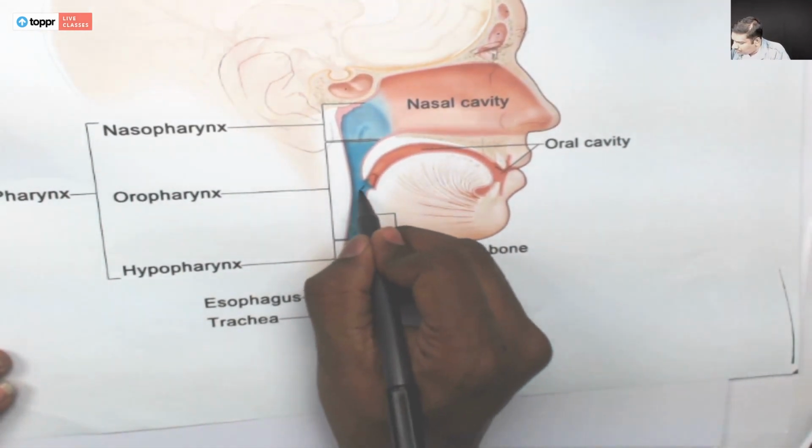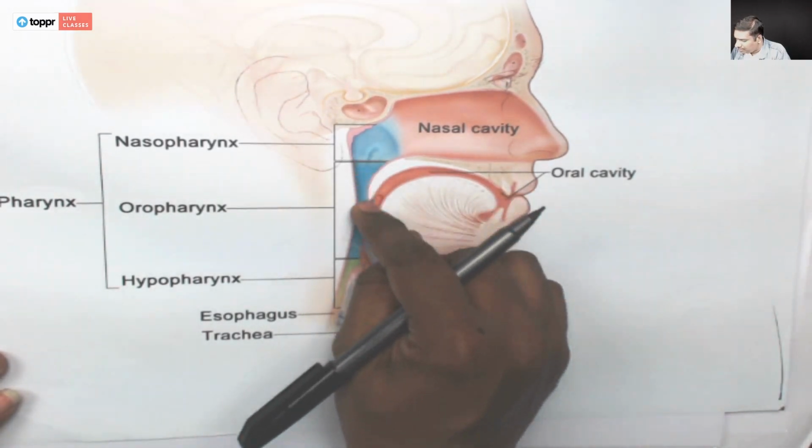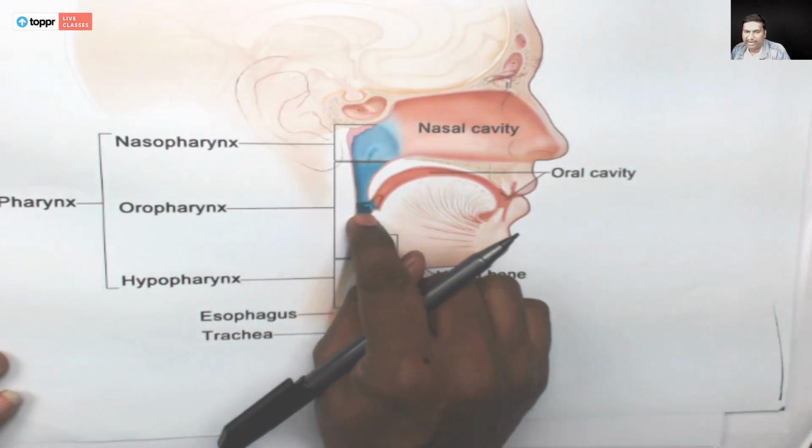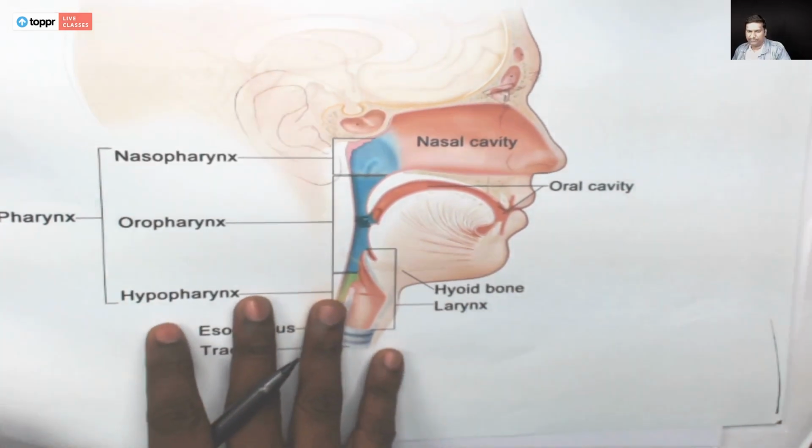Somewhere in this region, where your oral cavity is ending and the oropharynx is starting, you will find the tonsils.